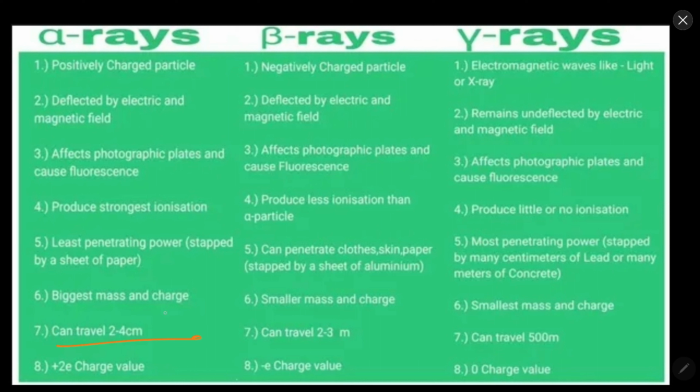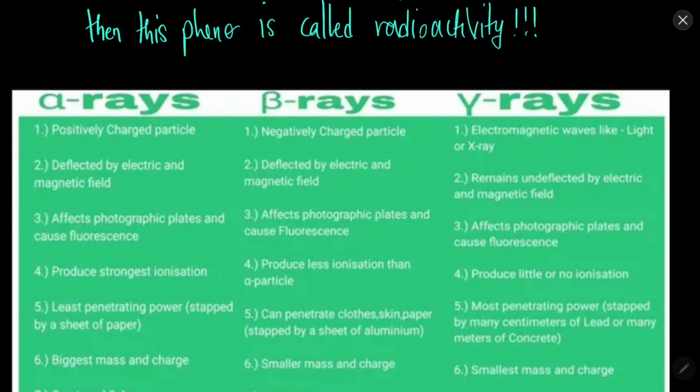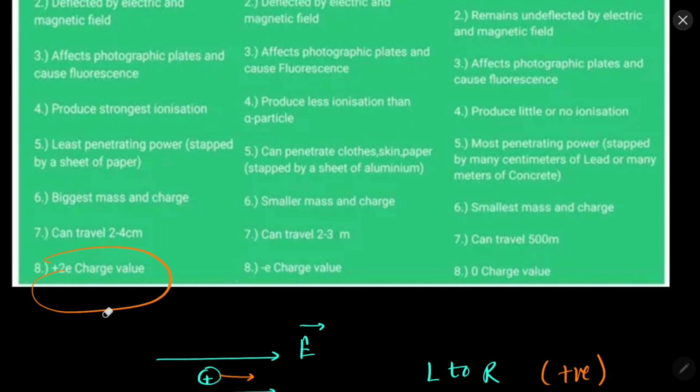And they can travel around 2-4 centimeters, around 2-3 meters, and up to 500 meters in usual material. Alpha particles are, by the way, nucleus of helium atom, so it has 2 positive charge. Beta particle has 1 negative charge, and gamma rays are neutral.